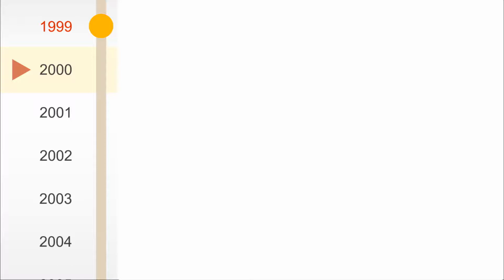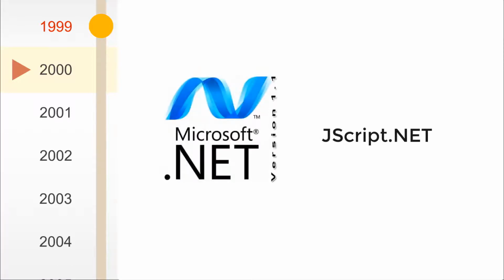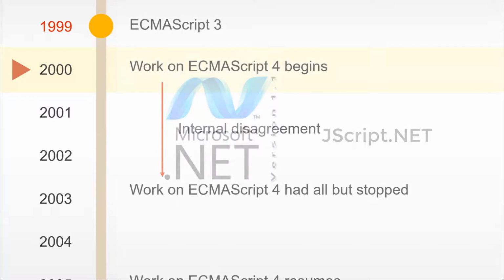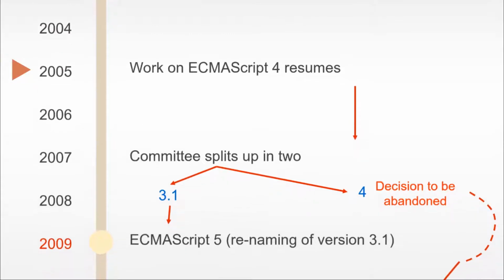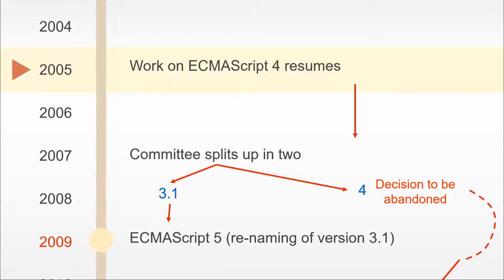By this time, Microsoft was working on its own internal technologies and lost interest in developing an open web-based language standard. But the web and use of JavaScript continued to grow, which led the committee to reconvene and continue working on the next version of ECMAScript.